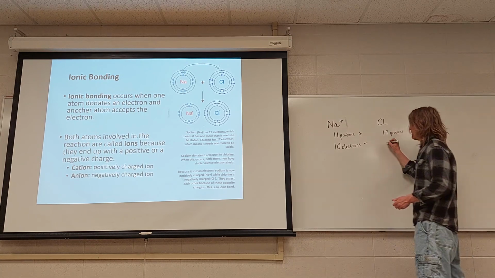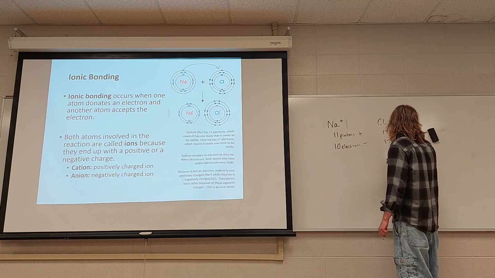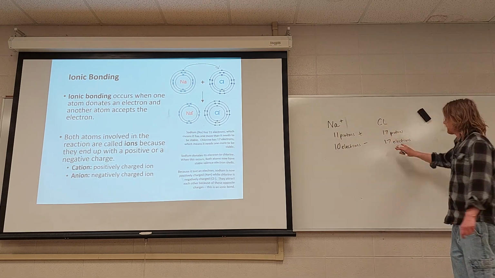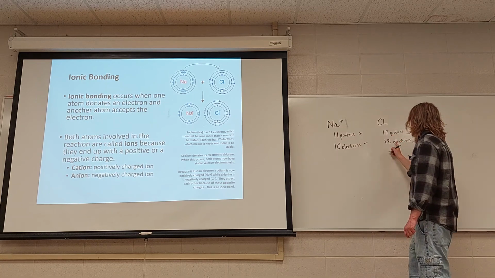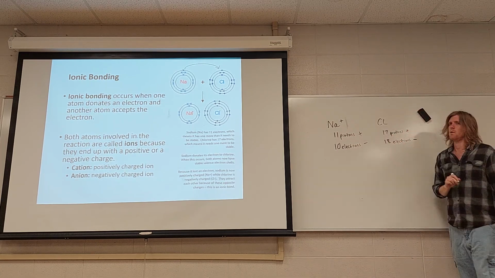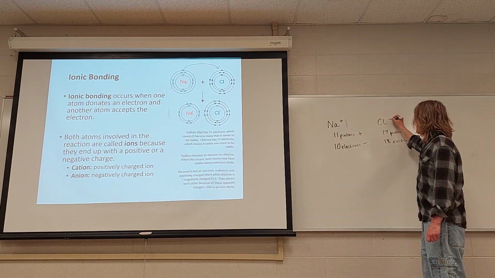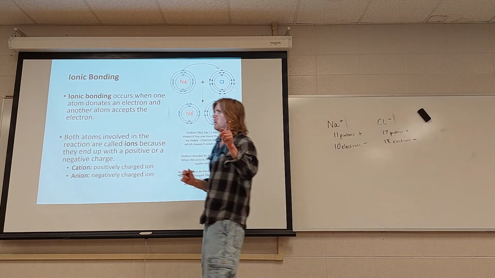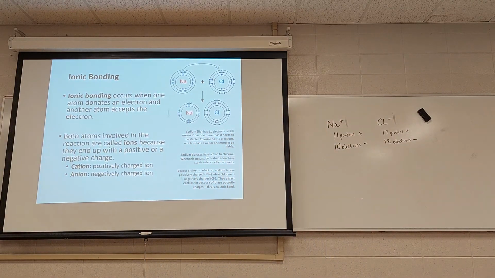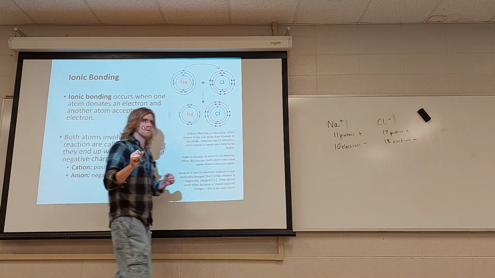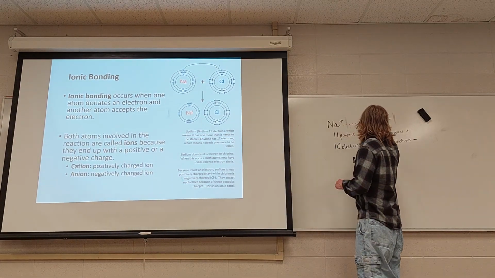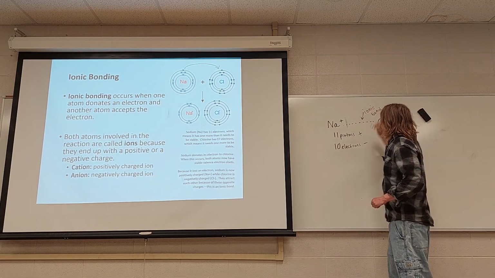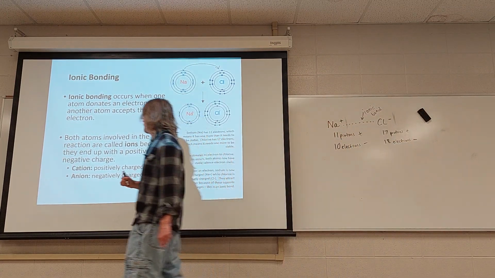So it has to have 17 to be chlorine. 17 protons, 17 electrons, but it just gained an electron to become stable, so it's got one more negative particle than positive, Cl−1. And again, we just assume the 1 is there, so Cl−. Now we've got a positive and a negative. There's your attraction. There's your bond. Right there.